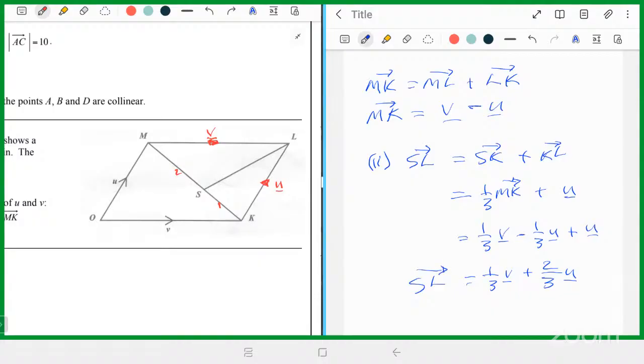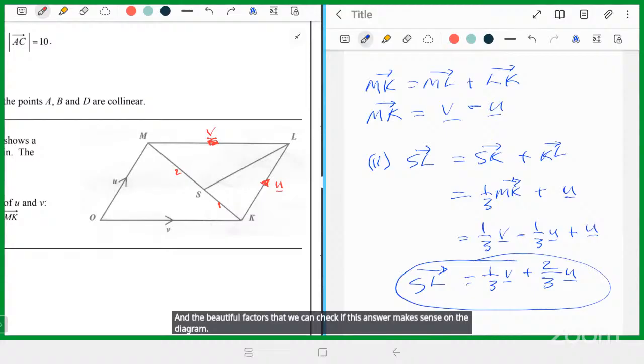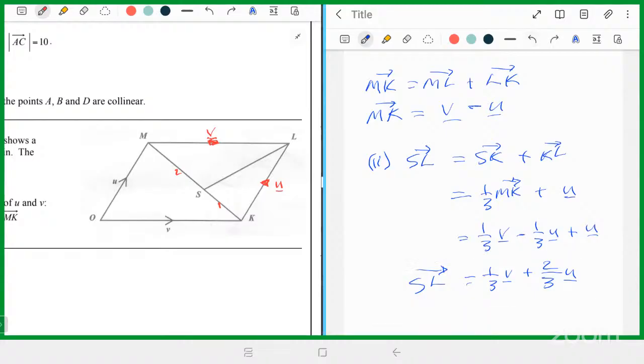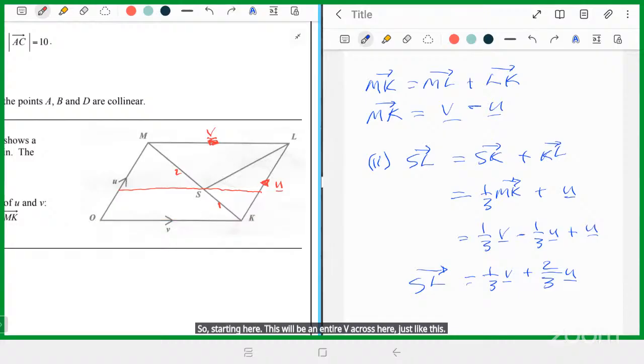And the beauty about vectors now, we can check if this answer makes sense on the diagram. Right? Let's check if going from S to L, we go 1/3 of a V and 2/3 of a U. So starting here, this will be an entire V across here, just like this. But this is saying go 1/3 of a V. So starting here, this looks like 1/3 of a V in real.